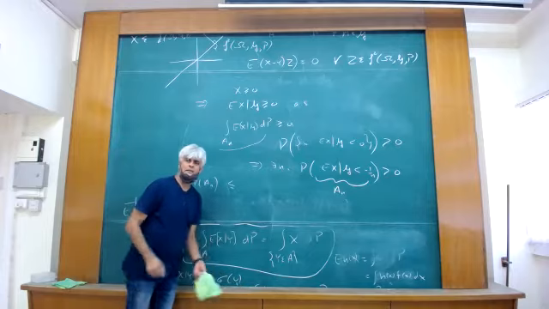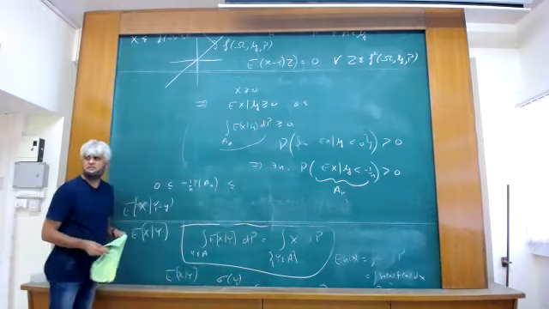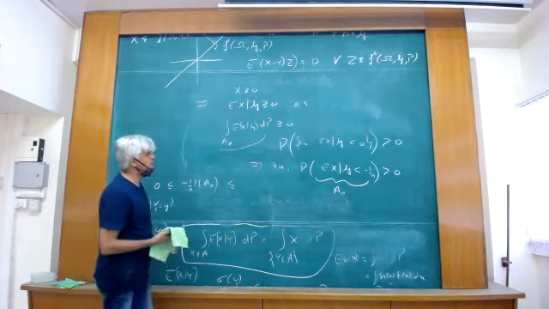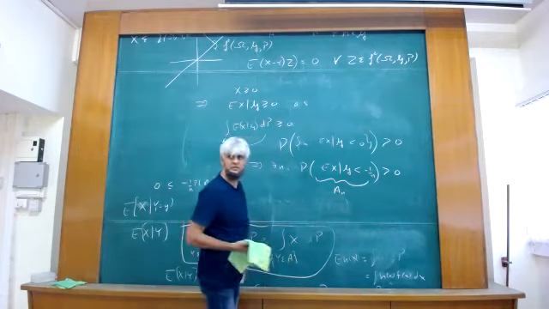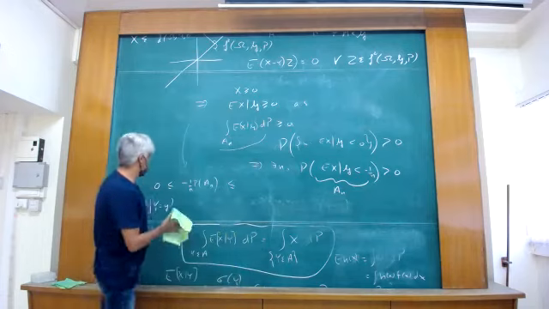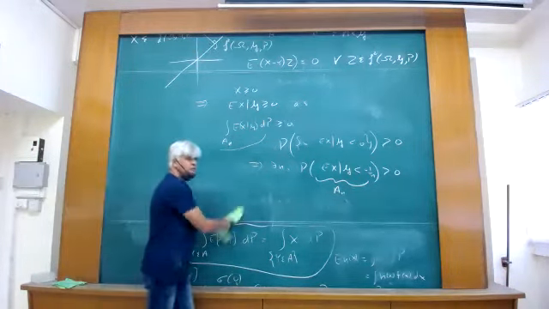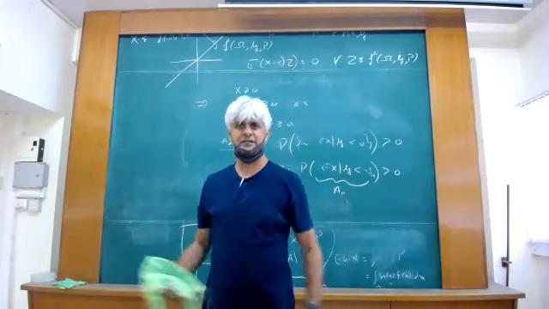But we started by postulating that P of this thing was positive, and this thing cannot be positive. Is that clear?